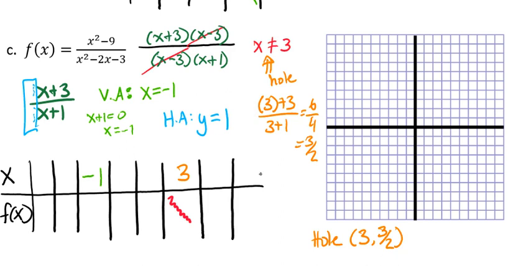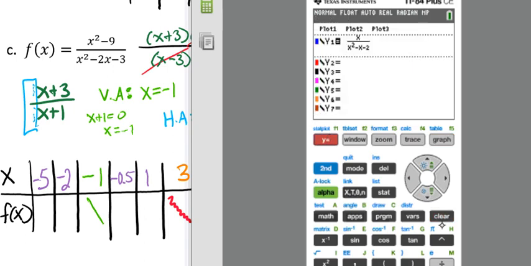And then 2 spaces after, just so you can get a feel for what that might look like. Okay, so I'm going to use -5 and -2 for before my -1. I'm going to use -1/2 and 1 between my vertical asymptote and the hole, and I'm going to use 4 and 5 for after.